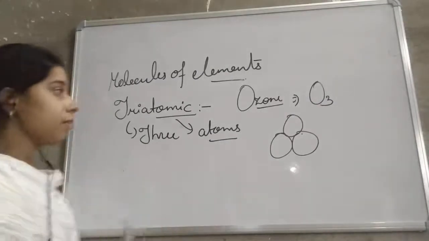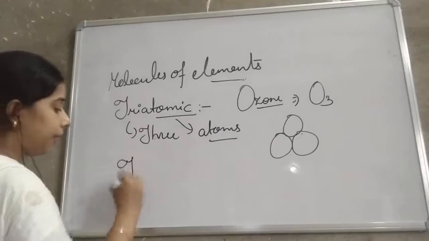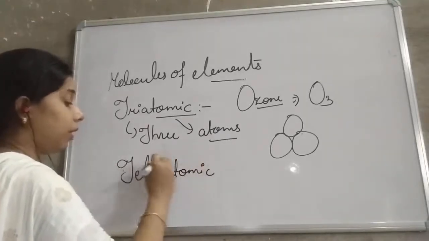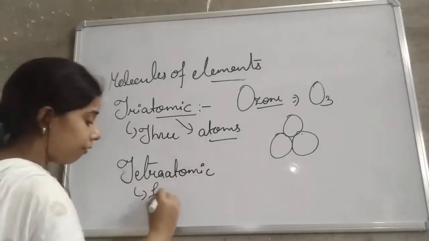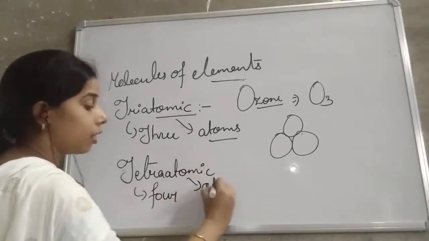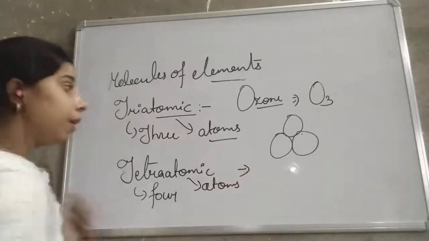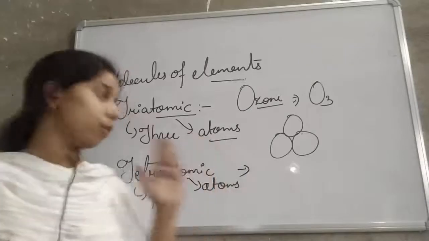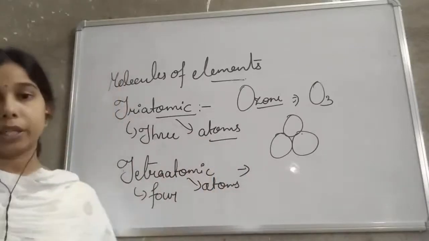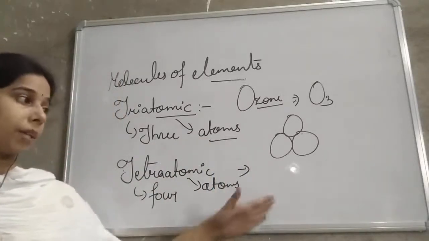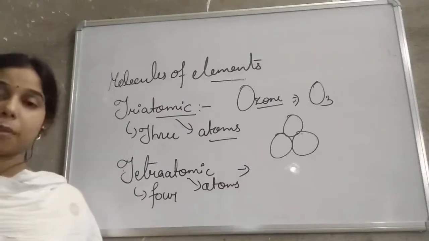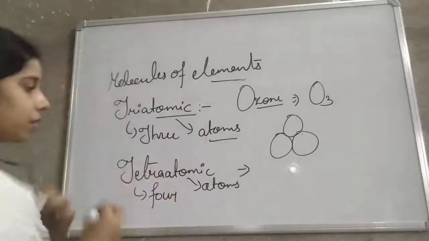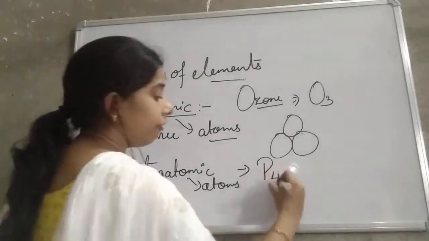Okay, then we will talk about the tetraatomic. Tetra means 4. Atomic means atom. Now here, 4 same kind of atoms combine together to form the tetraatomic molecule. So what is that particular molecule which exists in nature in a tetraatomic form? That is phosphorus, P4.